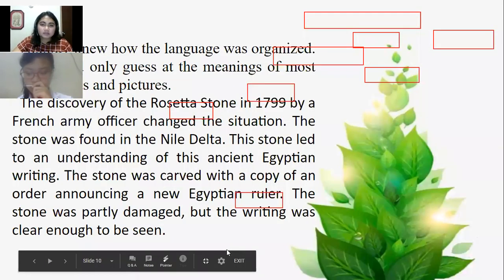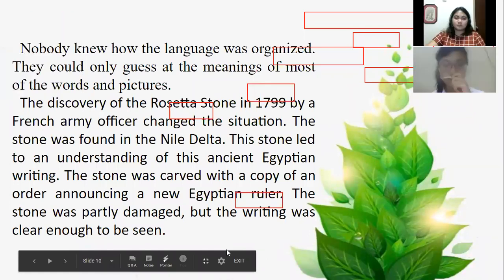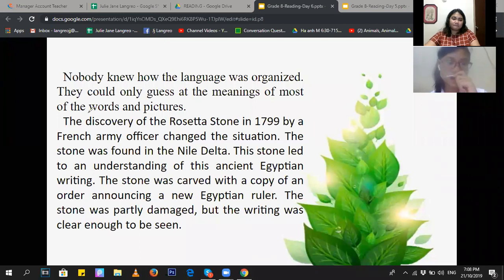Please read this. So the language was unknown. They could only guess at the meaning of most of the words and pictures. The discovery of the Rosetta Stone in 1799 by a French army official changed the situation. The stone was found in the Nile Delta.